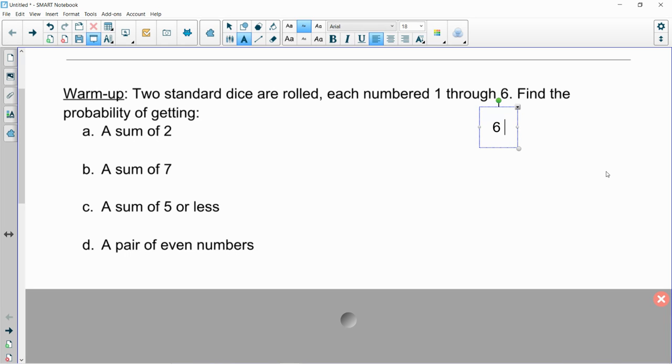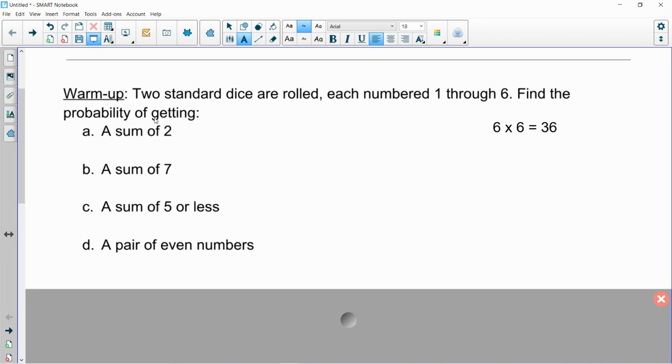And when we roll the second die, we have 6 possible outcomes again. Well, the counting principle tells us that being that these are independent events, we can multiply the number of outcomes of each to find that there are 36 possible combinations when you roll a pair of dice. So the probability is going to be out of 36.